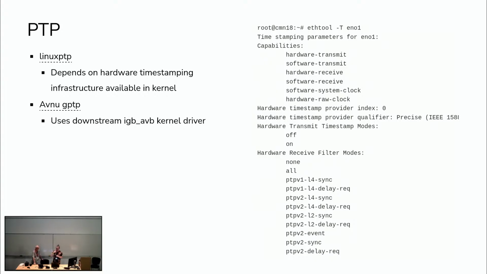The Linux PTP project depends on the hardware timestamping infrastructure that is already upstream in the Linux kernel. On the right, you see that with ethtool, you can check for the timestamping support of your interface. So you should look out for those hardware capabilities.